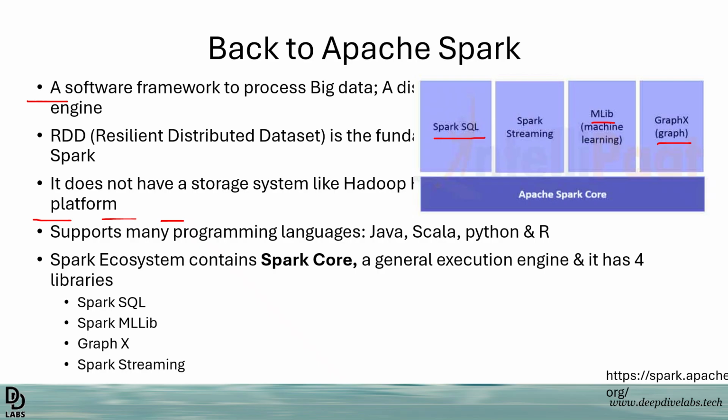GraphX extends the Spark RDD API. And then you also have Spark Streaming, which allows for real-time streaming data. It provides an API to manipulate data streams that matches the RDD API.